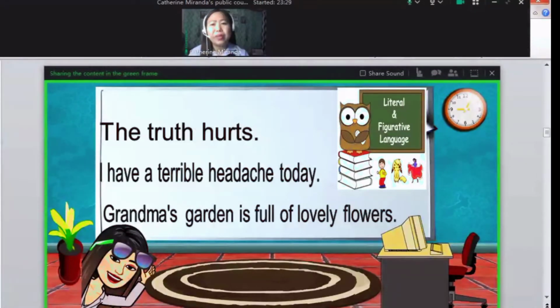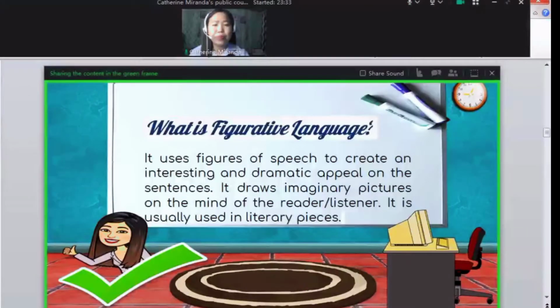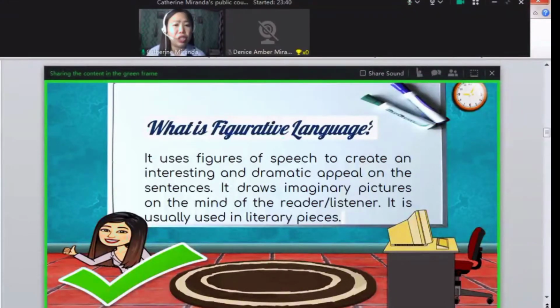Okay, so what really is a figurative language? When we say figurative language, it uses different figures of speech to make our statements interesting, dramatic, and impactful, and to make them more persuasive to our readers to have a higher and greater impact.